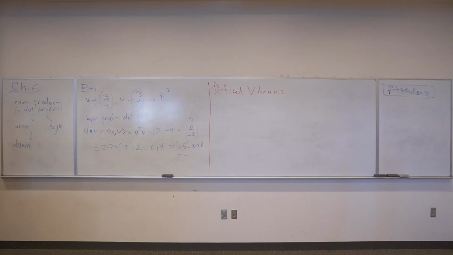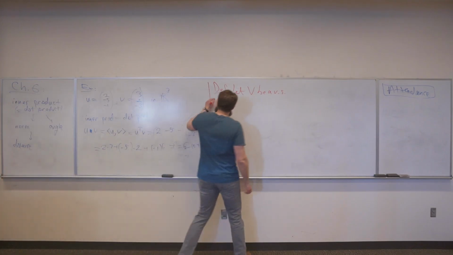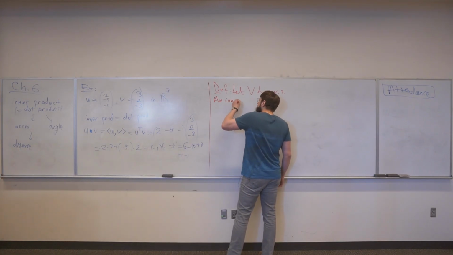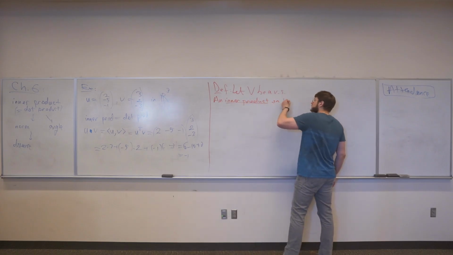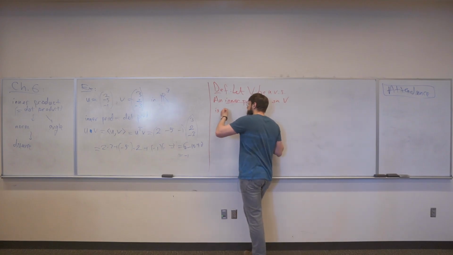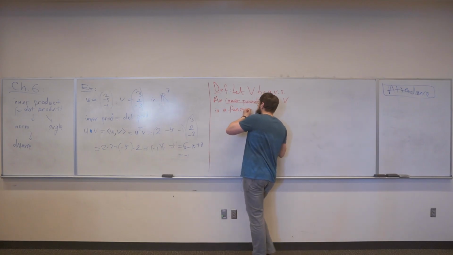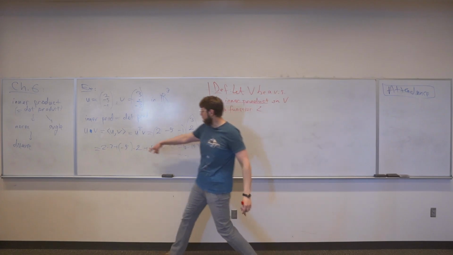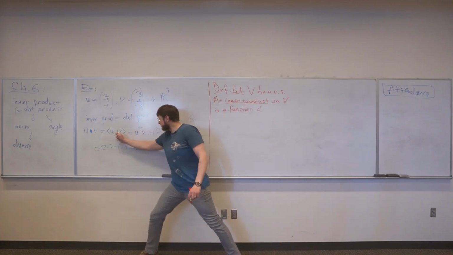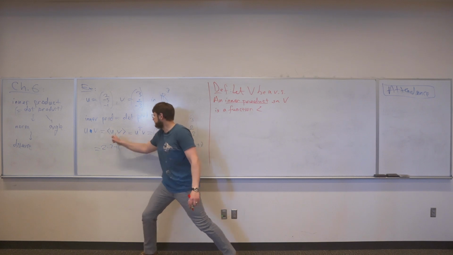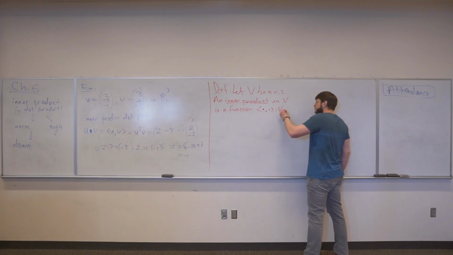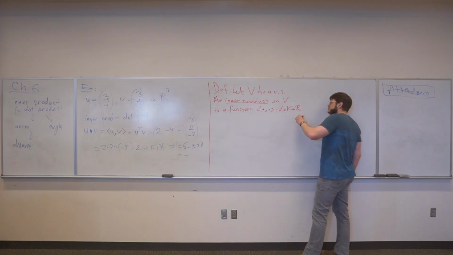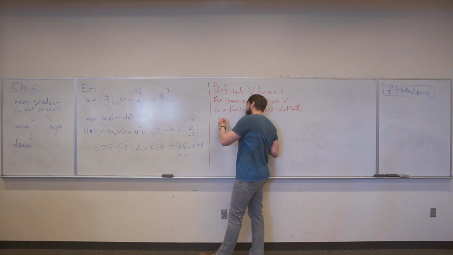An inner product on V is a function. Right, so I'm going to perhaps use this notation. I want to think of this as a function that takes two vectors as inputs. So I might write it like so, going from V times V to the reals, such that three things hold.